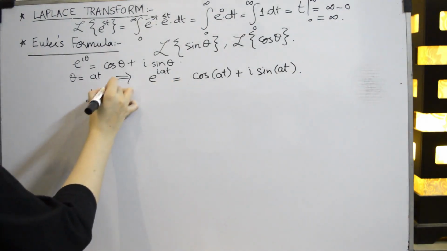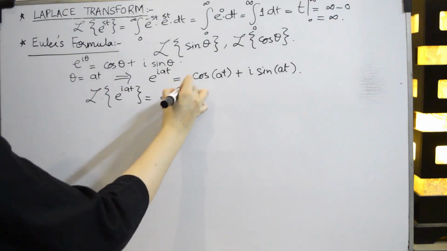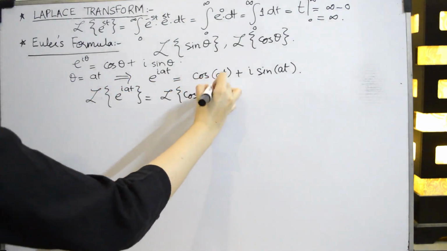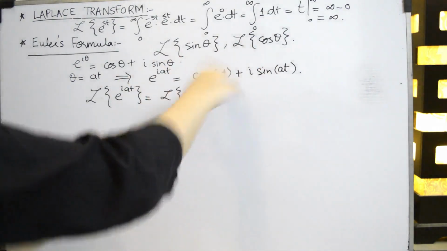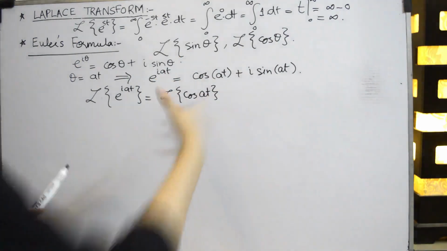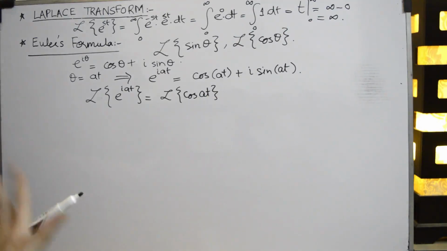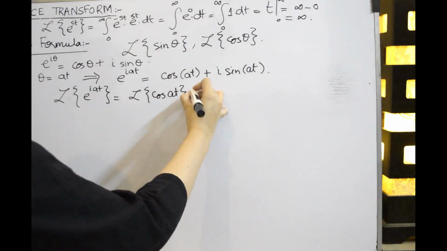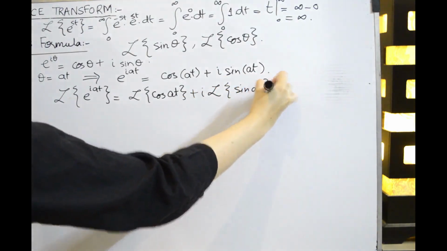So Laplace of e to the power iota at is equal to Laplace of cos of at plus iota Laplace of sine of at, because Laplace is a linear operator, so it can be applied term by term, and a constant like iota is independent of the Laplace operator. So in short, Laplace is a linear operator.